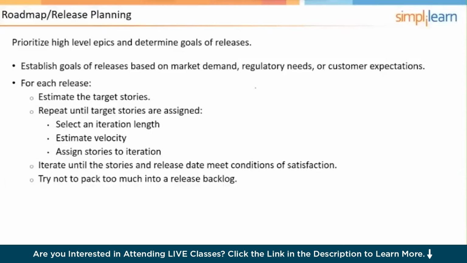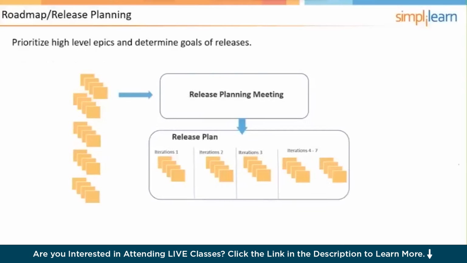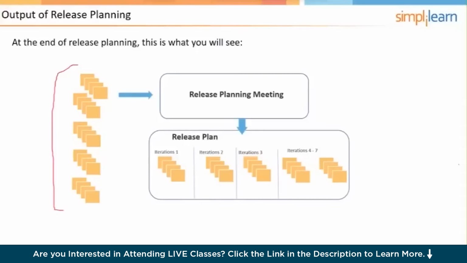Okay, so here's a bit more about release planning on this slide here. You've got the product backlog here on the left, and then we might come up with a release plan, which could be flipped and could be looked at horizontally.